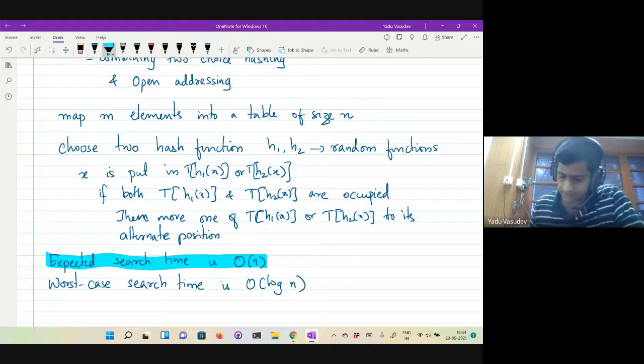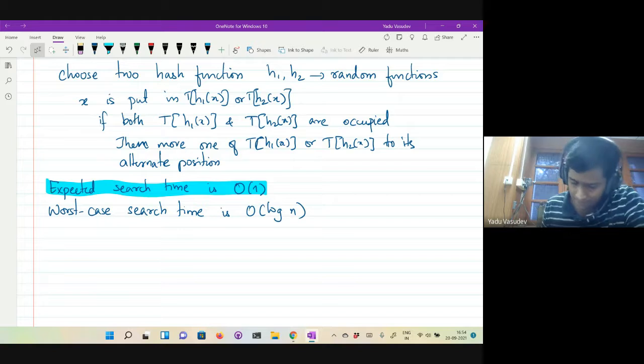The search time. And towards that end, we said that corresponding to the table T, we can have what is known as the cuckoo graph.